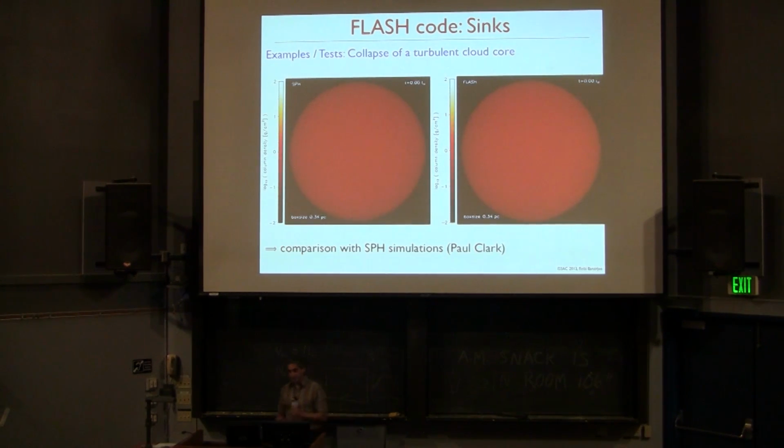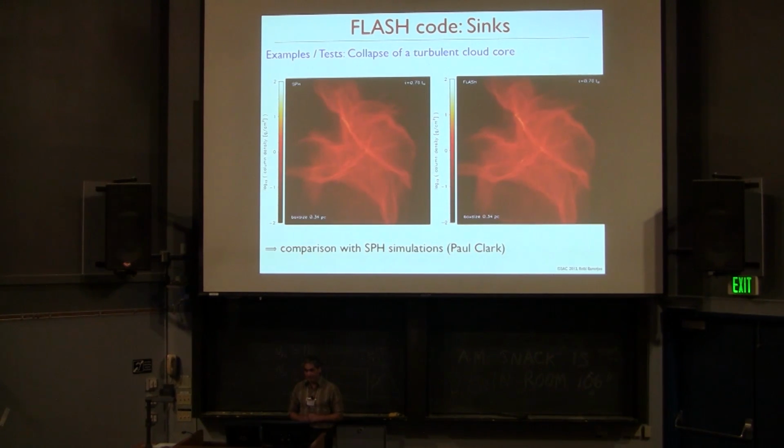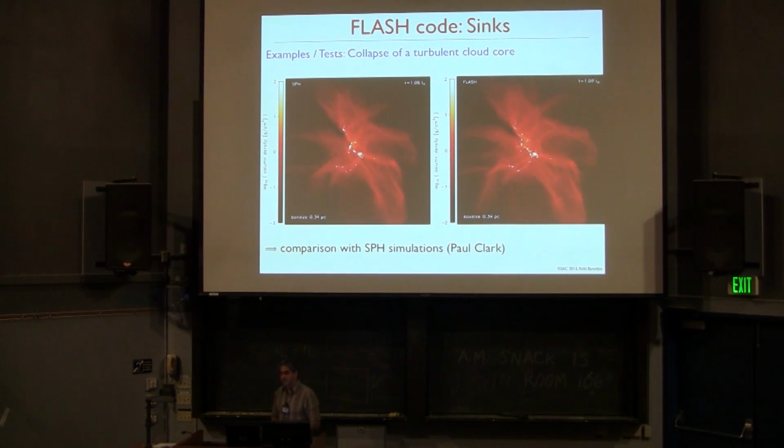Yeah, and we also did a comparison with an already implemented scheme of sink particles within the SPH approach. And this is how it looks. If you watch the two movies carefully, you see that particles more or less appear at the beginning, at least, at the same spots, and you get more or less the same structure.